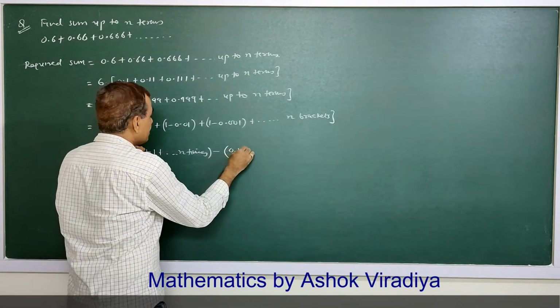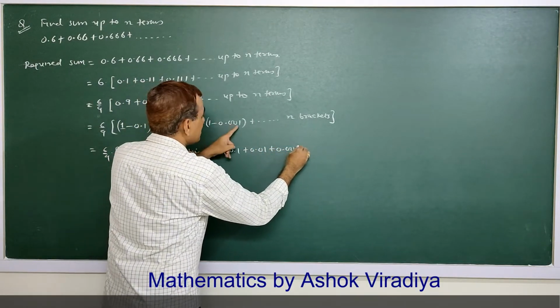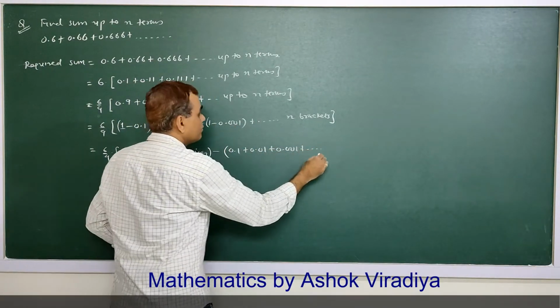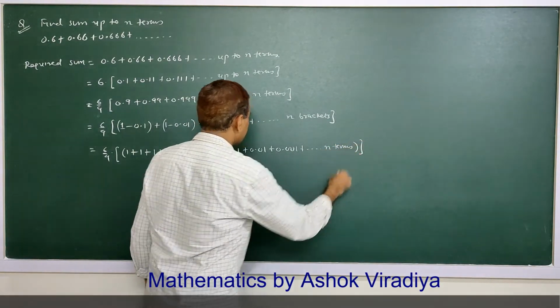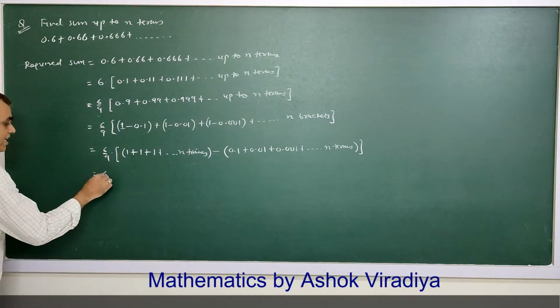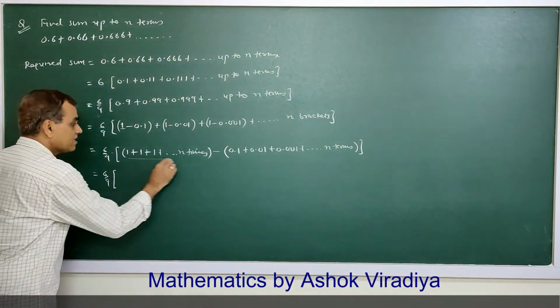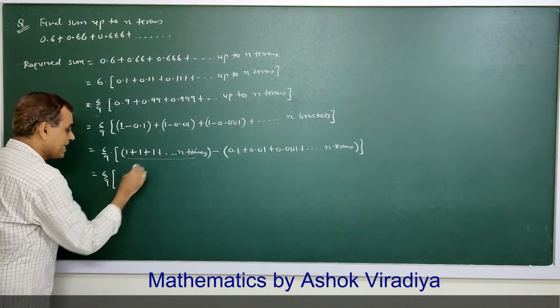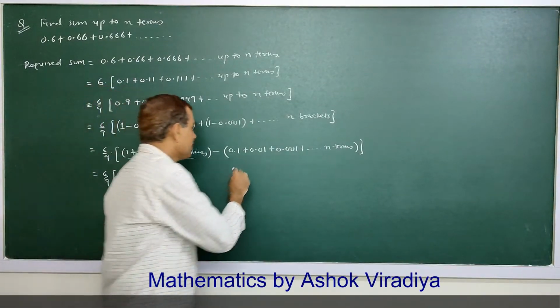So 0.1 plus 0.01 plus 0.001 up to, there are n brackets, so n terms. So 6 by 9 into bracket, the sum of 1 plus 1 plus 1 n times is n minus. Now see, this is GP.